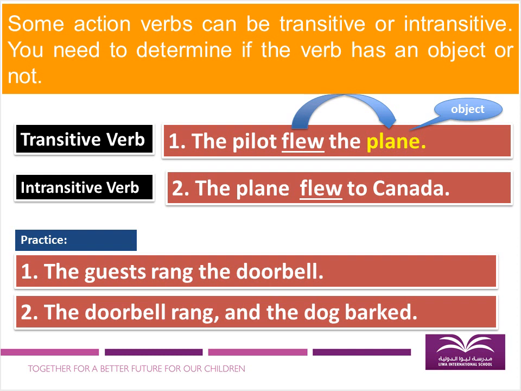No. The plane flew who? Can we have the answer of the question who here? No. That is why flew is an example of an intransitive verb in this sentence. To Canada, what is this again? This is an example of a prepositional phrase. So don't get confused.